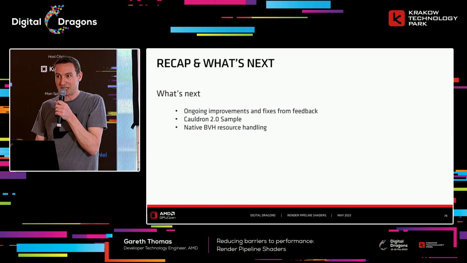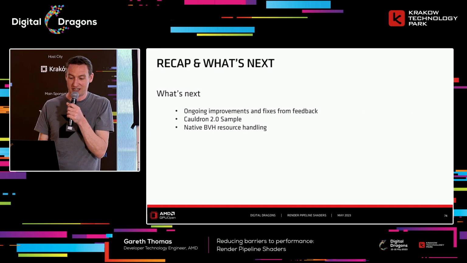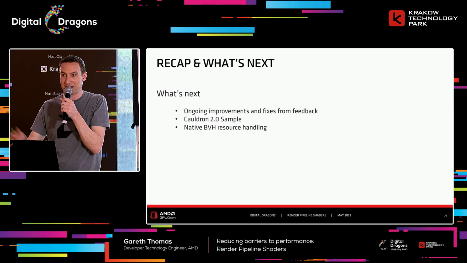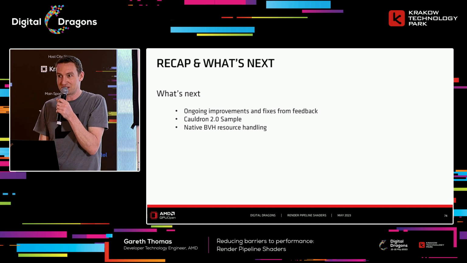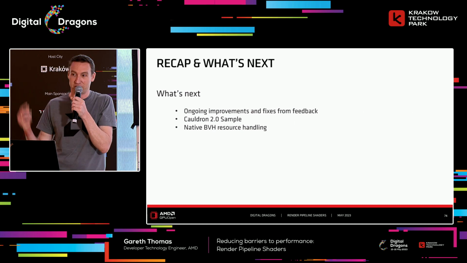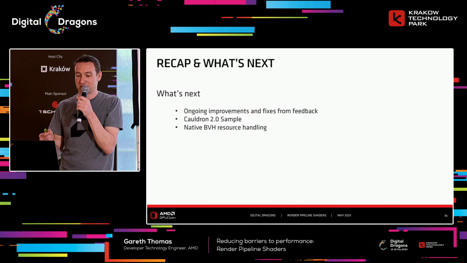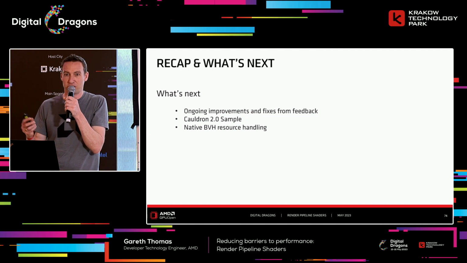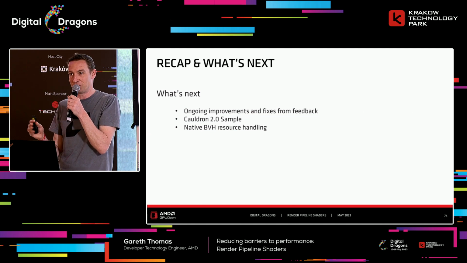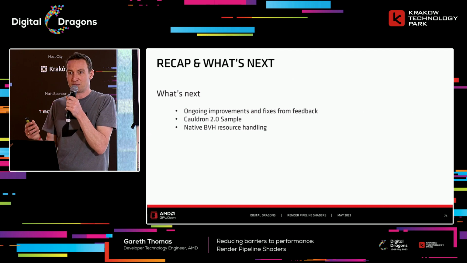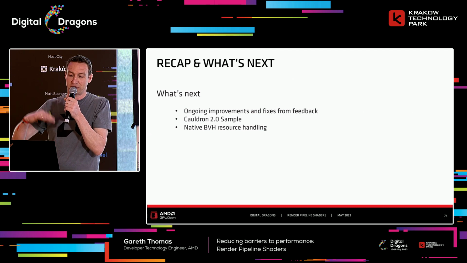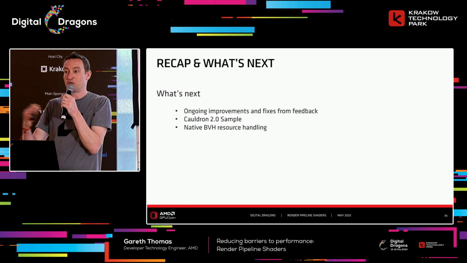So in terms of next steps, now it's out in the wild, we're getting feedback both internally and from the wider community, so that's great. We're always iterating on that. And we've got our own AMD GPU Open SDK of samples, and we're going to be upgrading that to the latest version of what we call Cauldron.